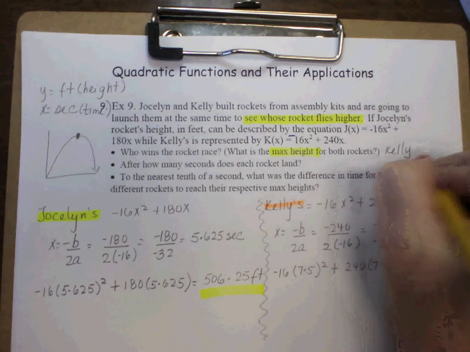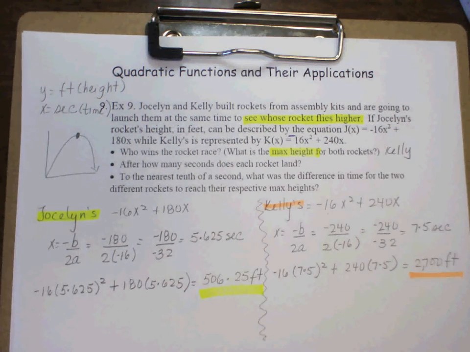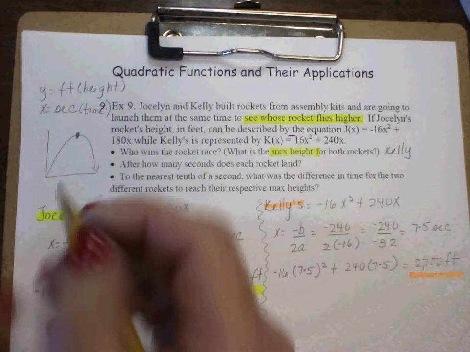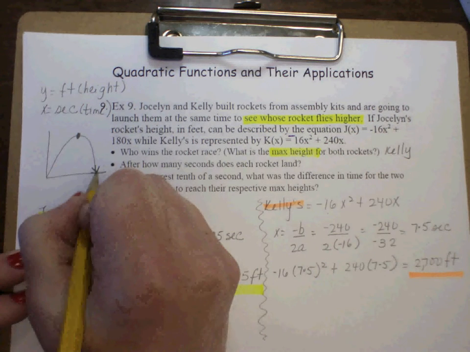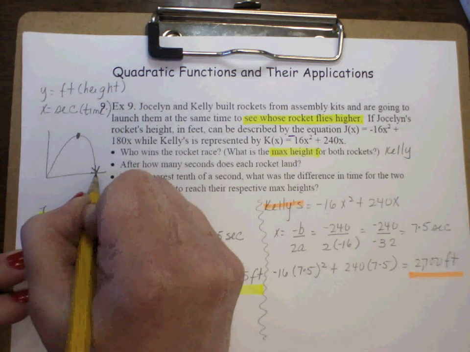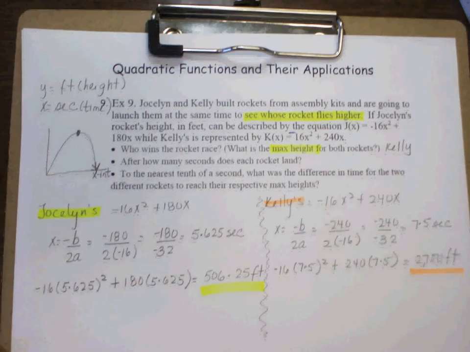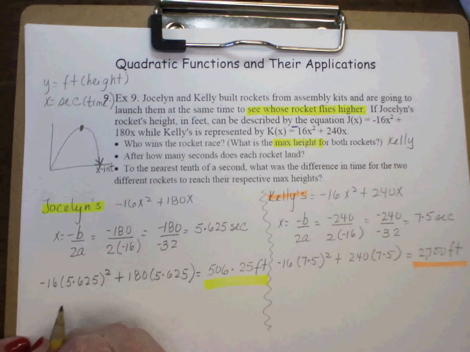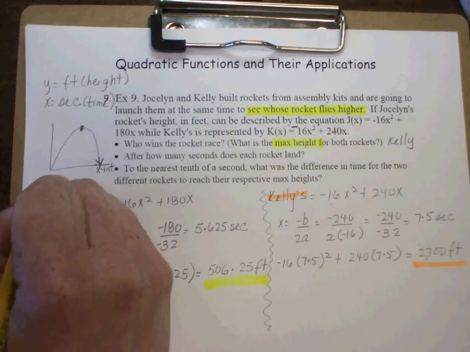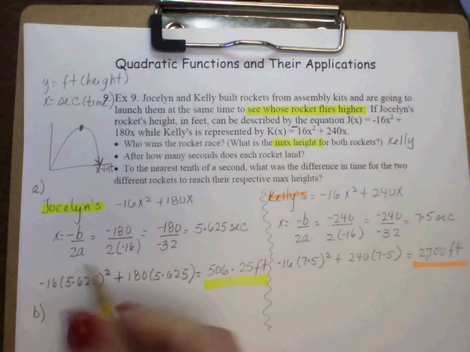All right, after how many seconds does each rocket land? So we got to figure out where they land, which means my x-intercept. All right, so let's factor. Let's do the first one for both of them.